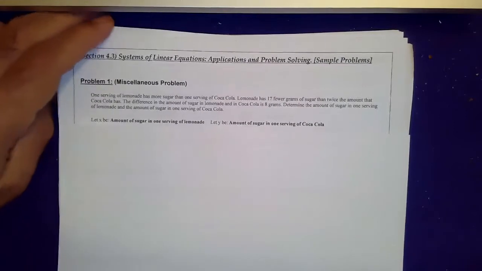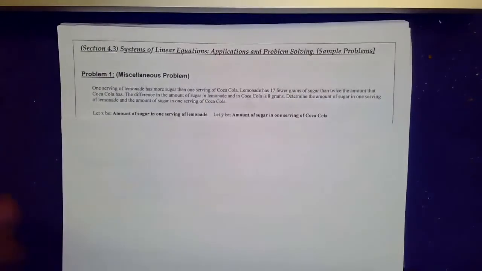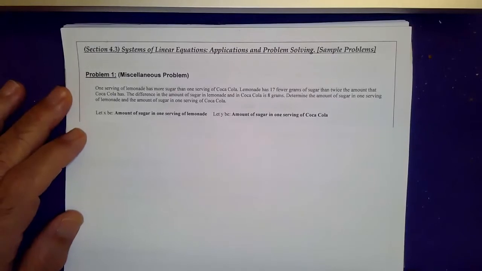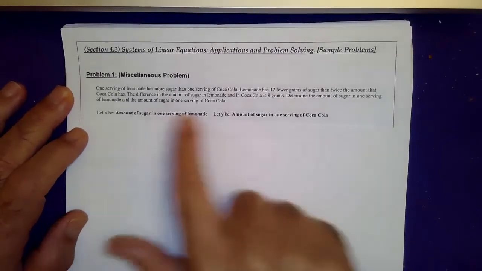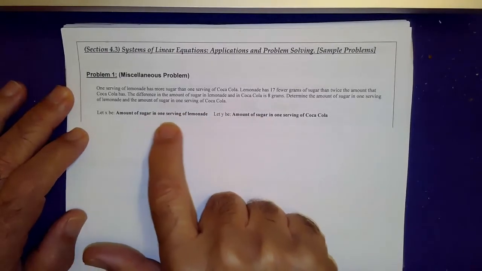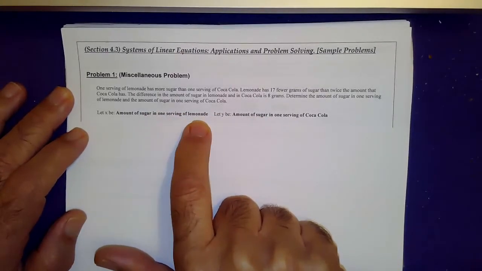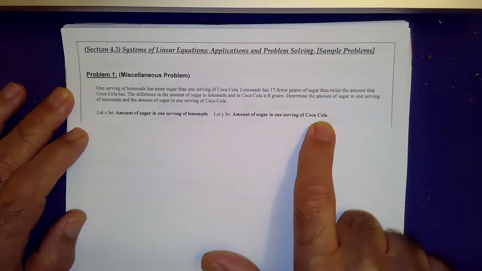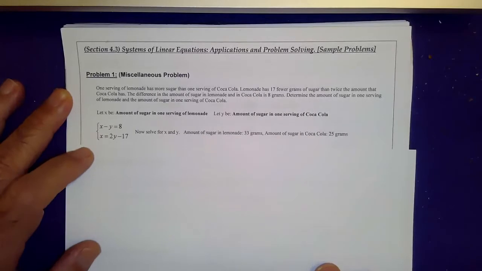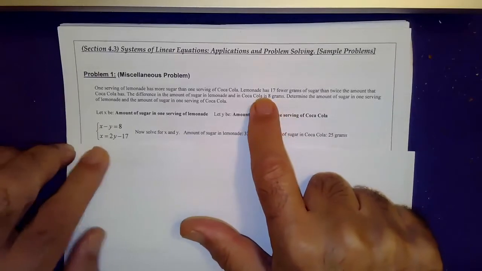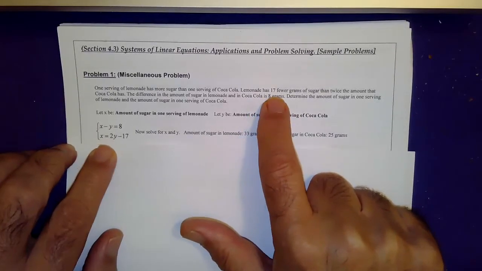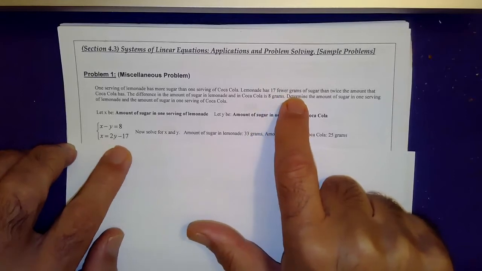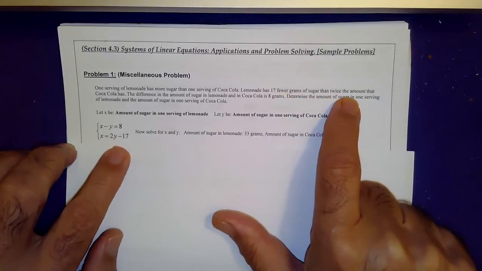All right. So what I like to do, instead of solving this word problem in terms of one variable, is to introduce 2 variables. Let x be the amount of sugar in one serving of lemonade, and let y be the amount of sugar in one serving of Coca-Cola. The first one says the amount of sugar in lemonade is 17 grams fewer than twice the amount of Coke.